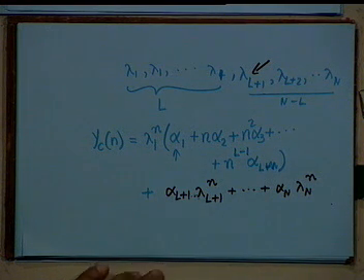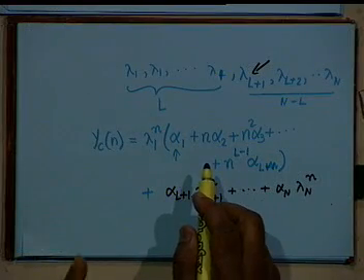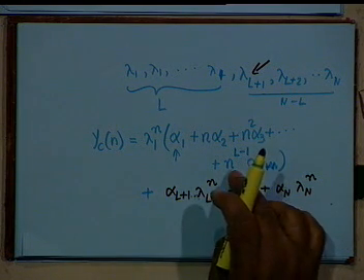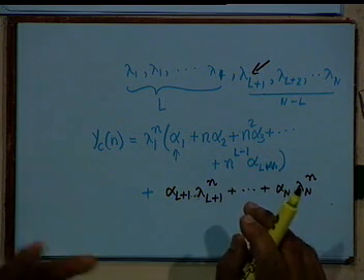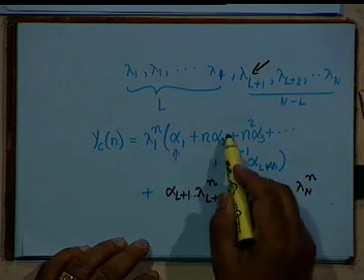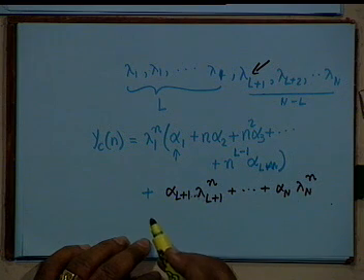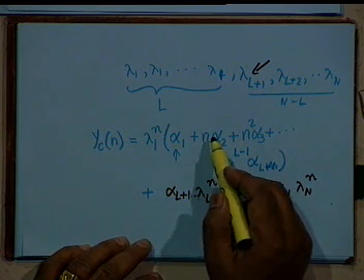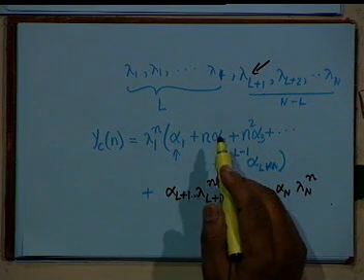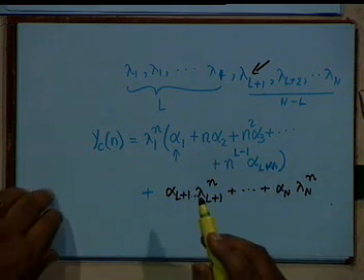That is, in the case of repeated roots, you take the first term, second term must be multiplied by n, third term by n squared, and you go up to n to the power L minus 1. If a root is repeated twice, then you simply use alpha 1 plus n alpha 2. The power of n is 1 less than the number of repetitions. So this is in general the solution.